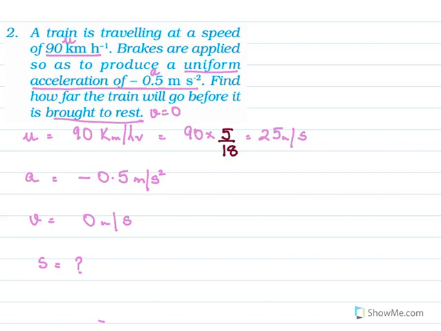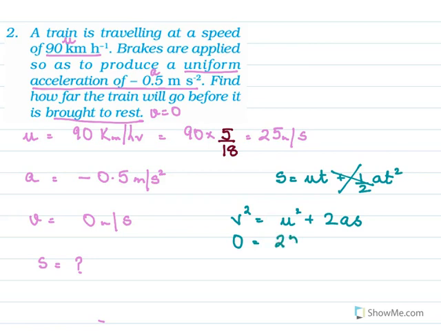Now it is time for us to find the distance. To find the distance, you'll use the formula s equal to ut plus half at square. Now this formula we are not going to use because we do not know the time. So we don't use this formula. The other formula that we could use is v square equal to u square plus 2as. Now the final velocity is 0 because the train is coming to rest.